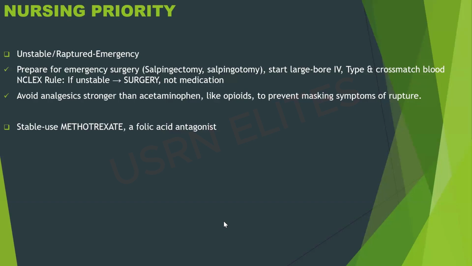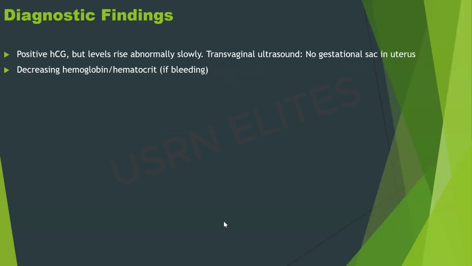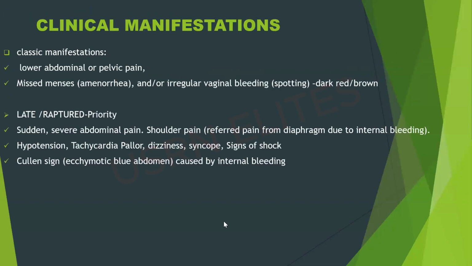And one thing is that whenever a patient is having ectopic pregnancy, there is pain, because we said that there is lower abdominal or pelvic pain in ectopic pregnancy, because the growing fetus is just exerting pressure on the tube.